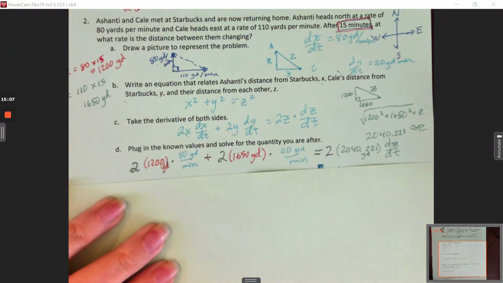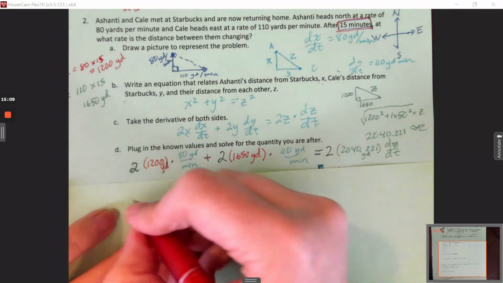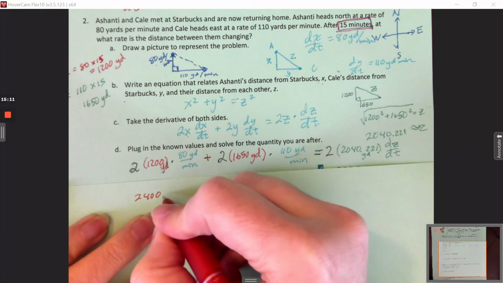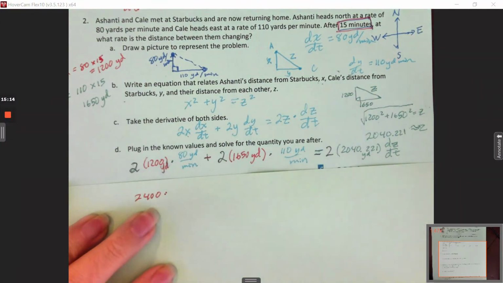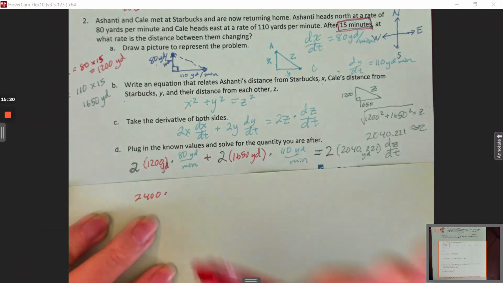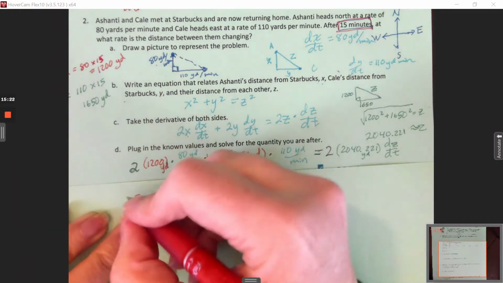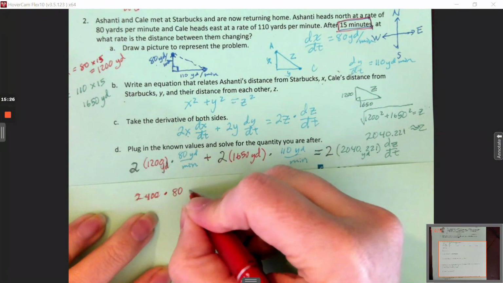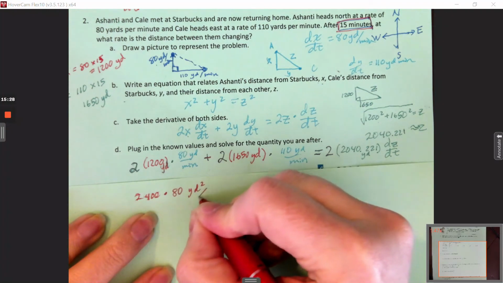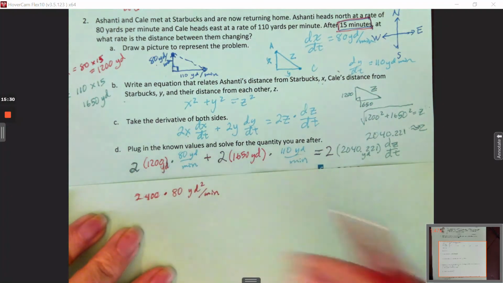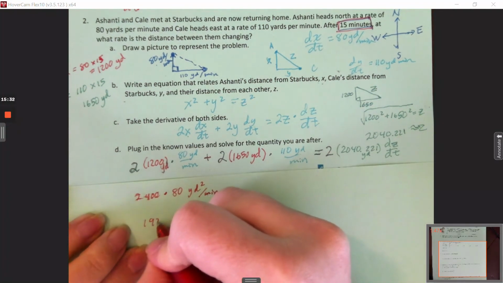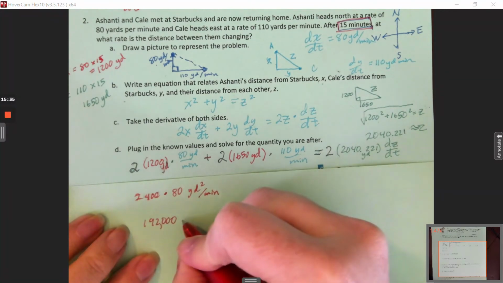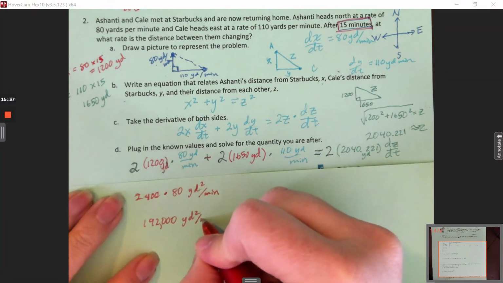There we go. 2400 yards times 80. And let's slow down. 2400 times 80 yards squared over minutes. And so that's 192,000 yards squared per minute.